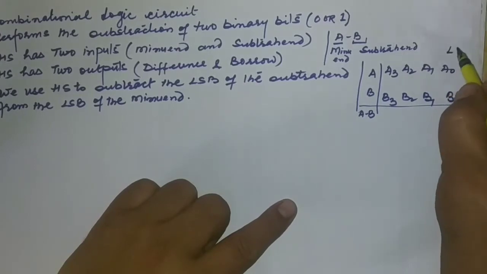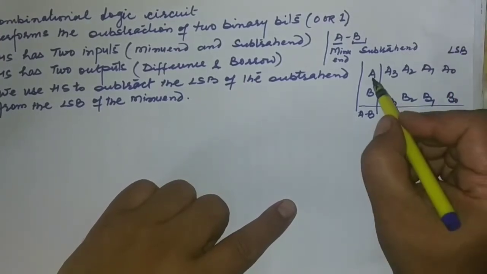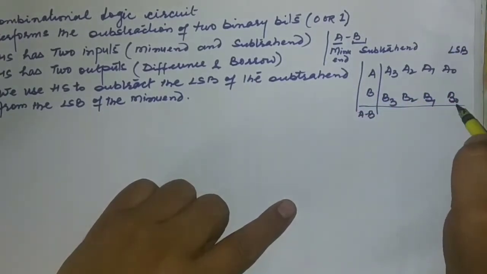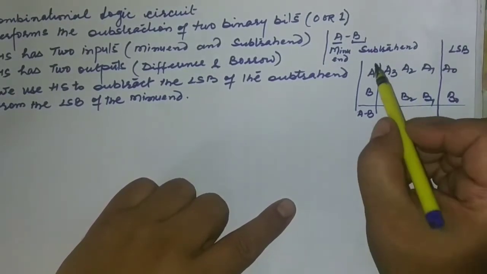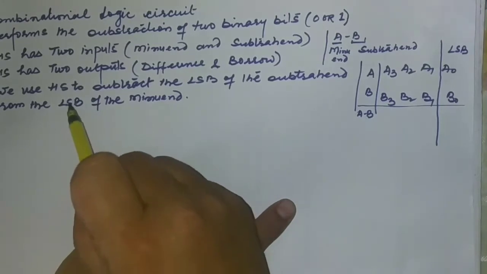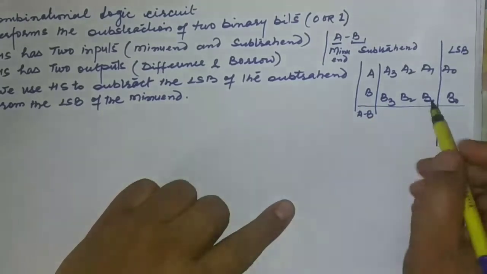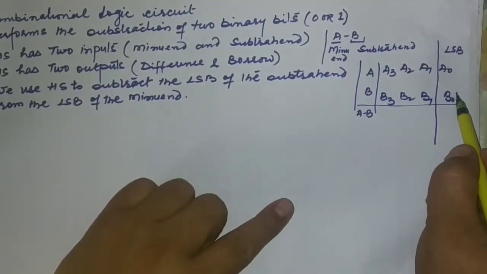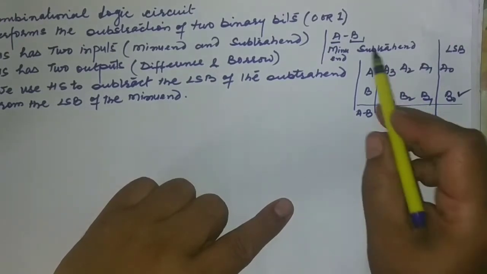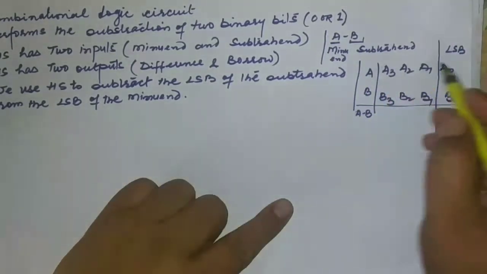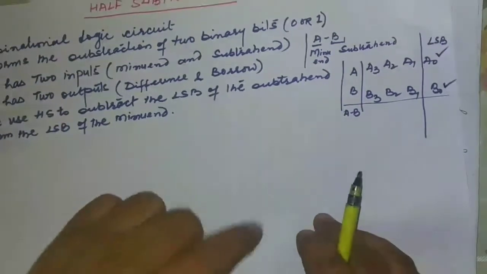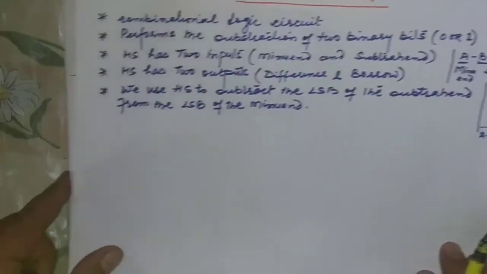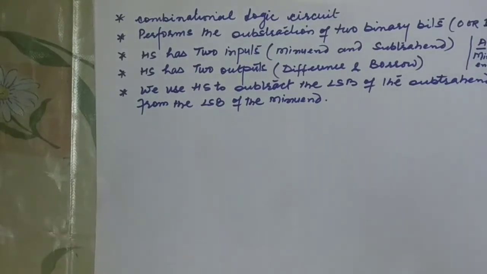So this is the least significant bit of a, means minuend, and this b0 is the least significant bit of subtrahend. So we use half subtractor to subtract the least significant bit of this subtrahend b from the least significant bit of minuend. So these are the main points of half subtractor.